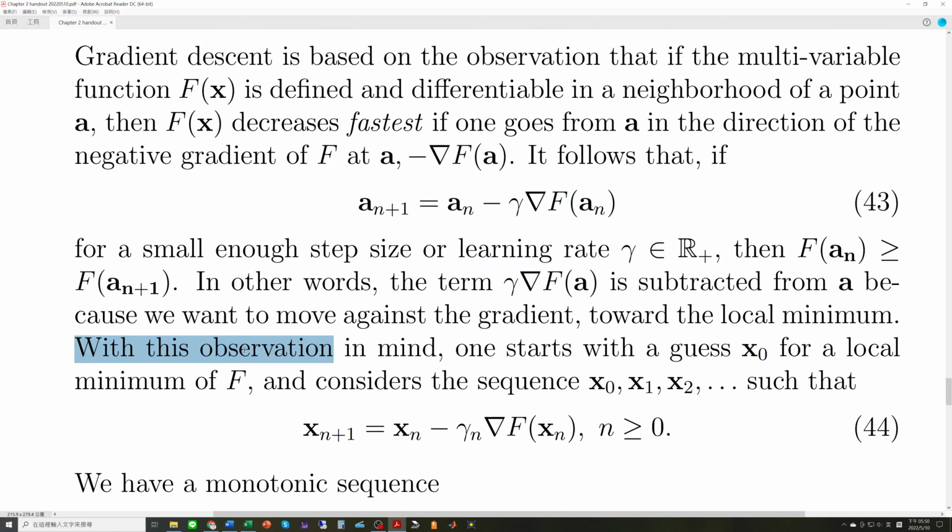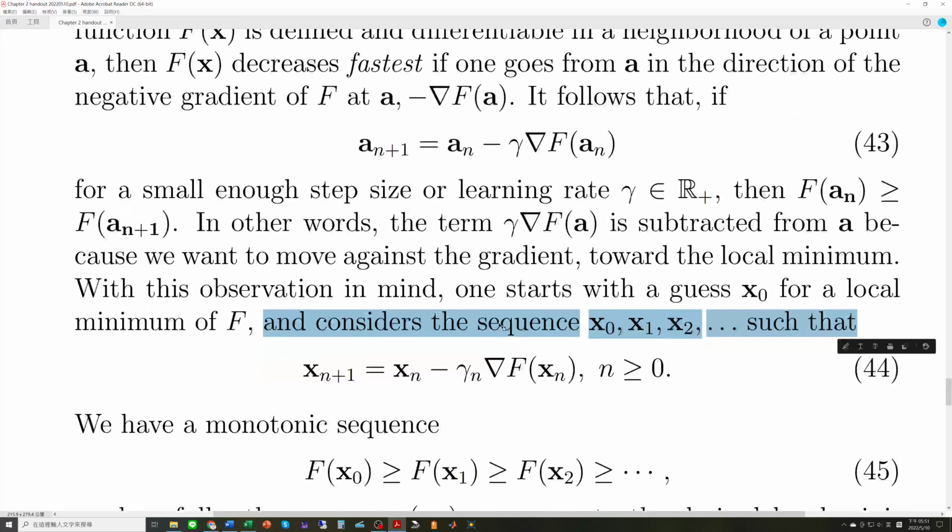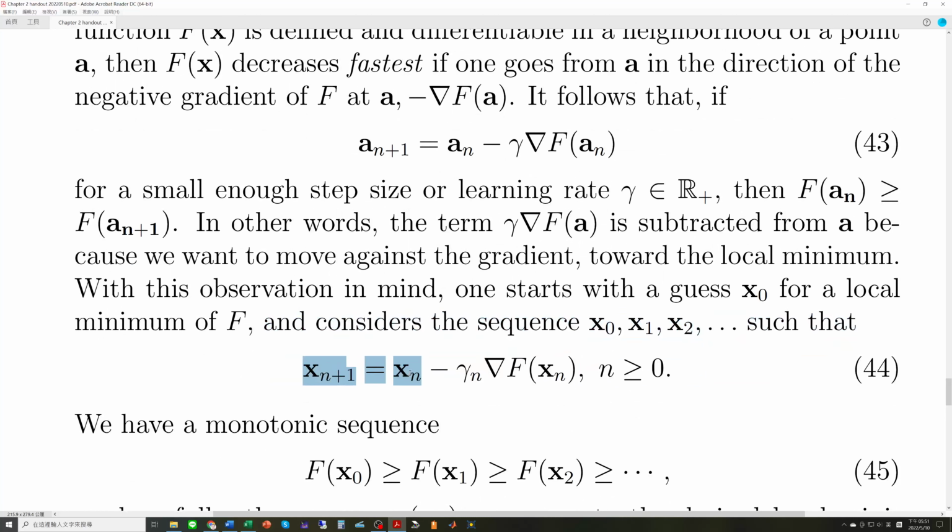Okay, with this observation in mind, one starts with a guess x0 for a local minimum of f, and considers the sequence x0, x1, x2, etc. such that x_{n+1} is equal to x_n minus gamma_n times the gradient of f of x_n, where n is greater than or equal to 0.